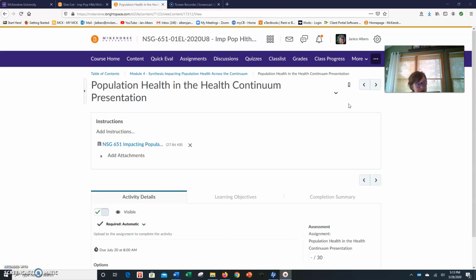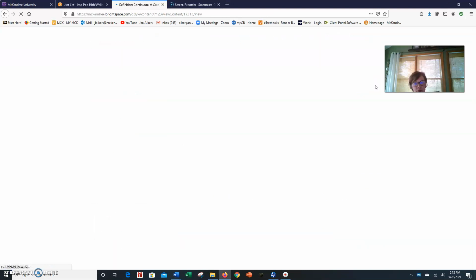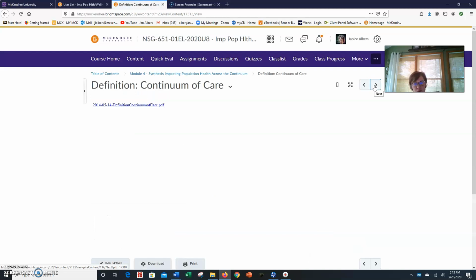So you will find the assignment link as well as the rubric for your final presentation. And we'll go into some of the key documents as far as the definition of the continuum of care.